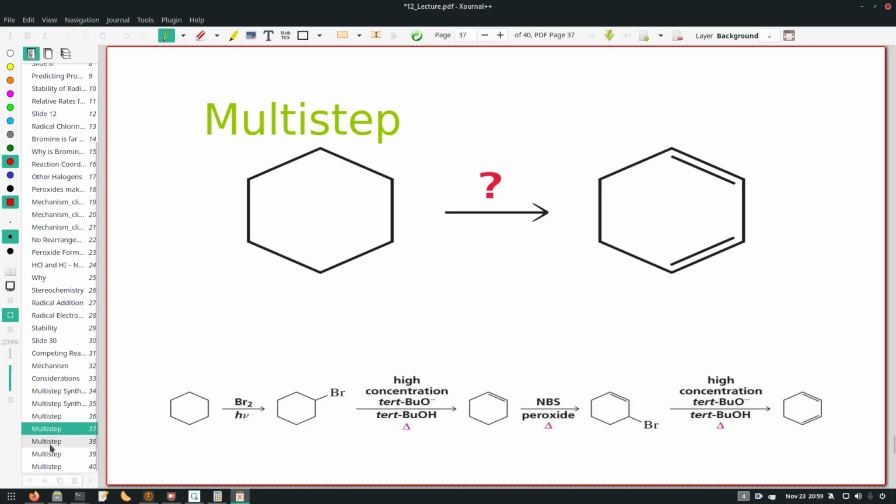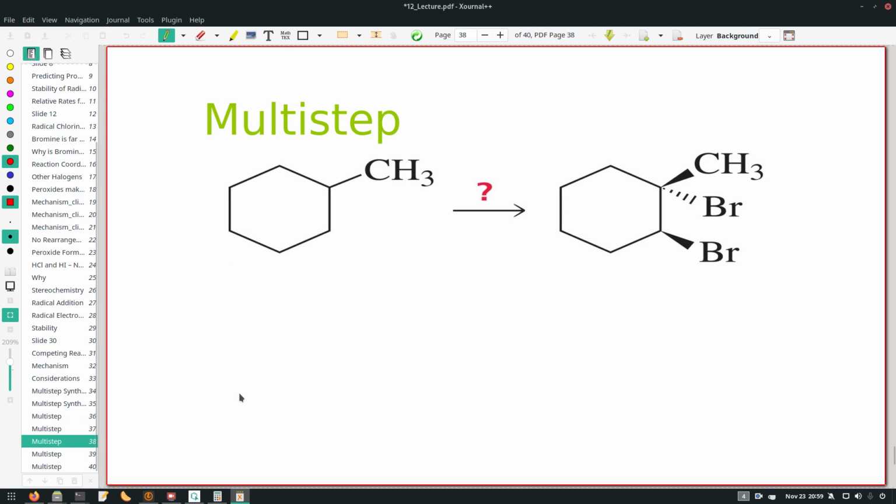Alright, let's try another. Ooh, a little bit more. Okay, seems more complex, but let's break it down to what can we do. I do know there was only one way of putting bromines there and there, adjacent to one another.